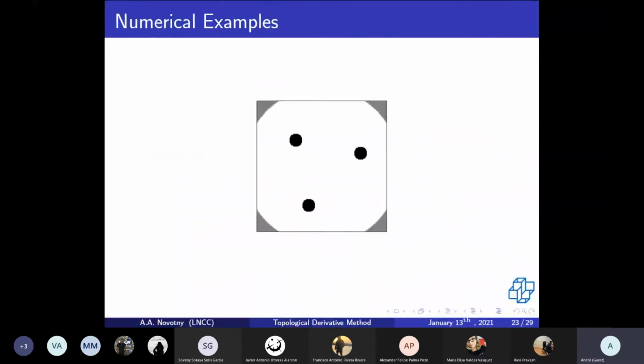So let me show some numerics to fix the idea. Suppose that here we have the target to be reconstructed given by 3 anomalies.